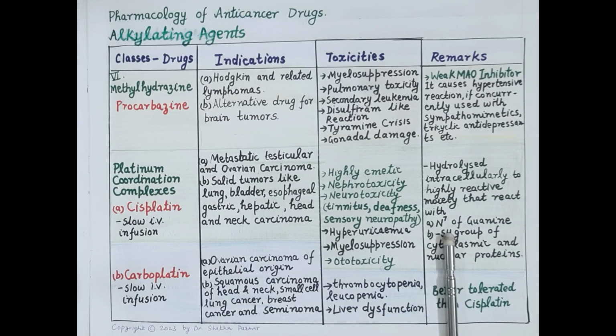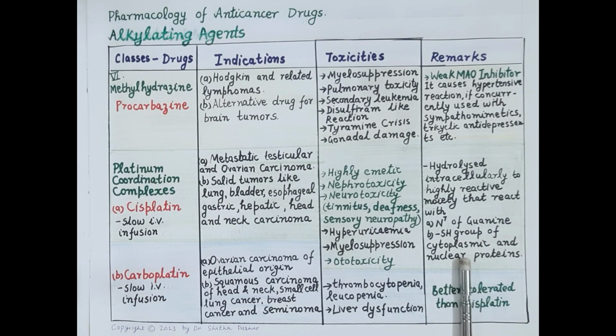So it forms cross linkages with the guanine base which is present on the DNA. It also reacts with the sulfhydryl groups of cytoplasmic as well as nuclear proteins, making them non-functional, and it has a long half-life of 72 hours.